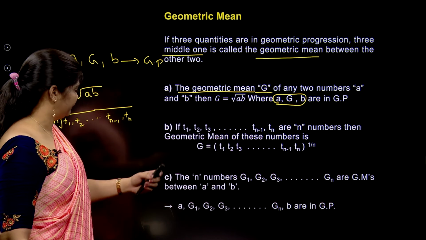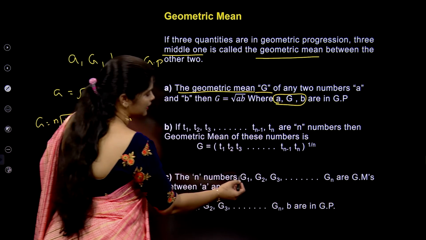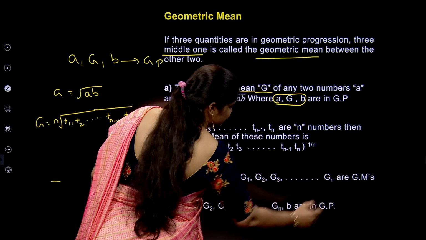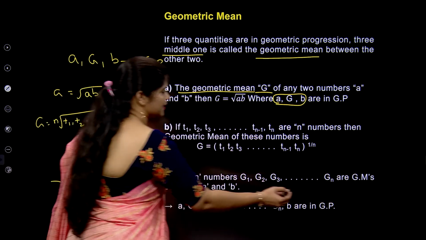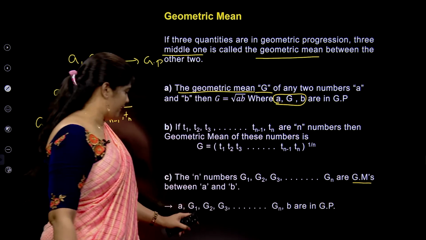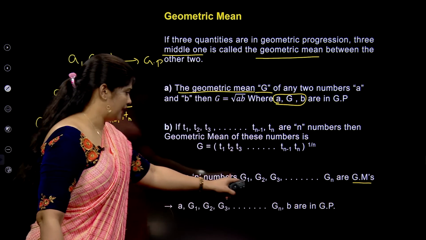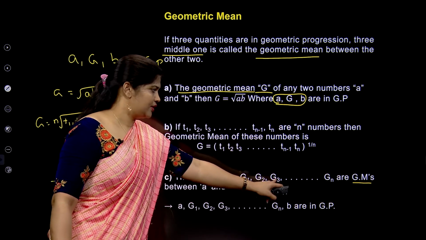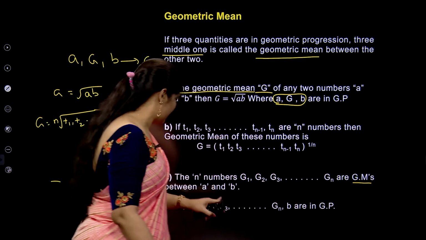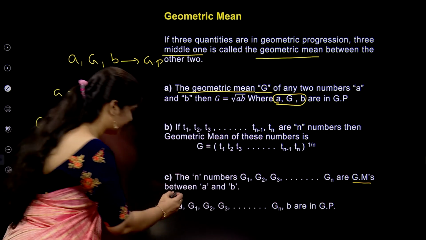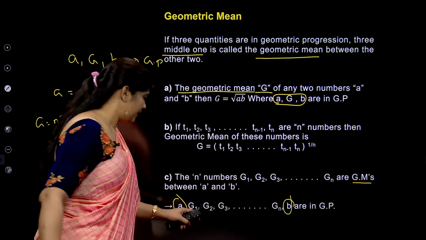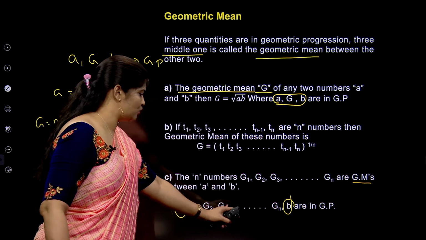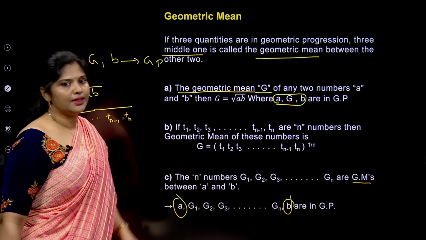Next, n numbers G1, G2, G3 and so on Gn are geometric means between A and B. A is the first term and B is the last term. Then A, G1, G2, G3 and so on Gn, B are in GP.